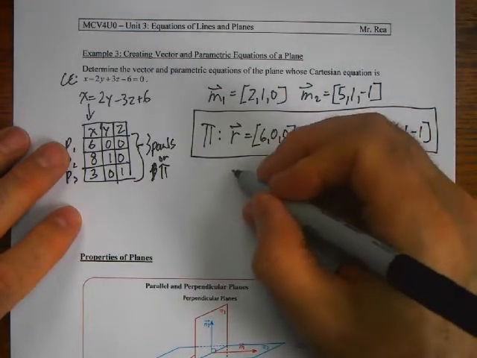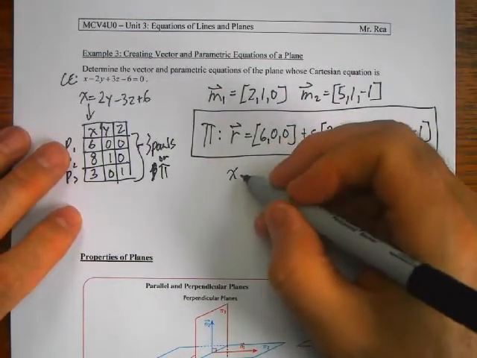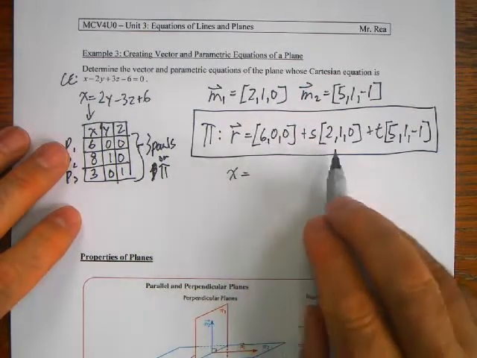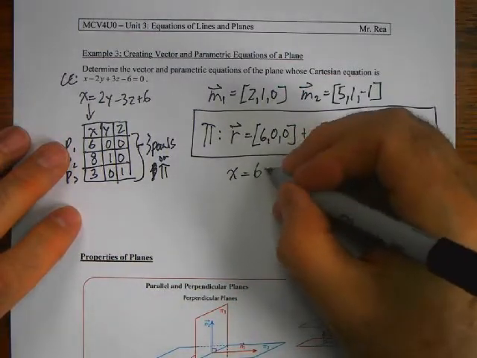Now the parametric equations, we could just create those directly by looking at this. So we can say that the X component is going to be 6 plus 2S plus 5T.